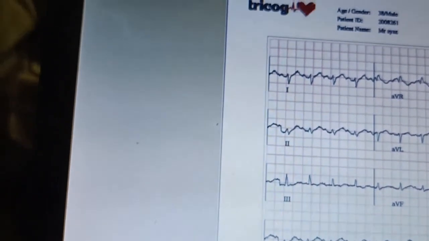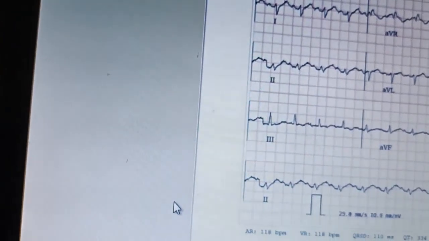Suppose here the two R waves are at a distance of about 12 small squares and slightly more. Now if we work it out on the basis of the 1500 method, 1500 divided by 12.2 and something gives 118 beats per minute, and this represents tachycardia. In this way you estimate the heart rate by considering two consecutive R waves.